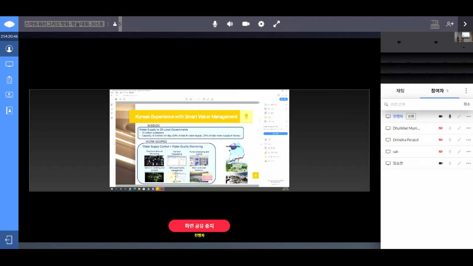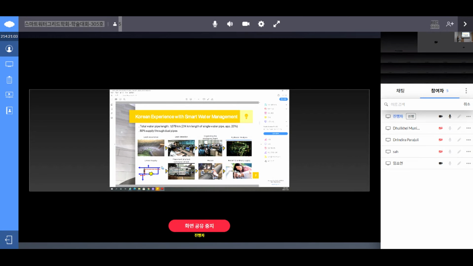The 2 main work scopes of the network are water supply control and water quality monitoring, and there are 6 modules to ensure this: real-time network monitoring, demand forecasting, pump scheduling and control, network modeling and analysis, GIS-based facility management, and alarm and leak detection. As I said, it's a very big network, more than 1,000 kilometers of pipeline.